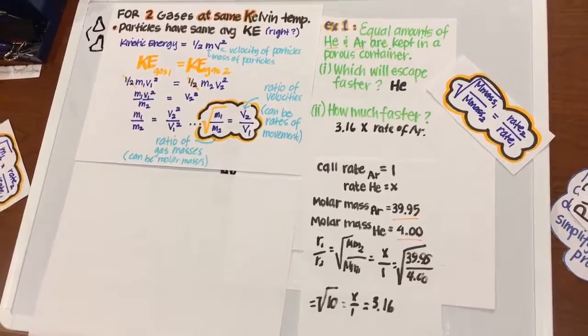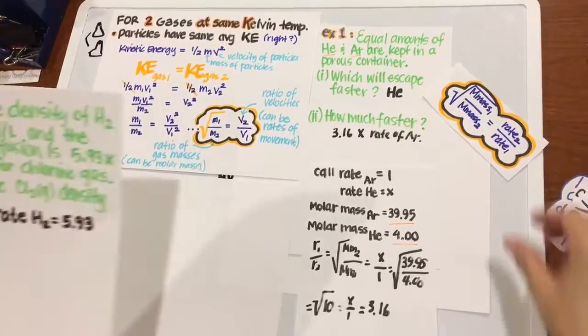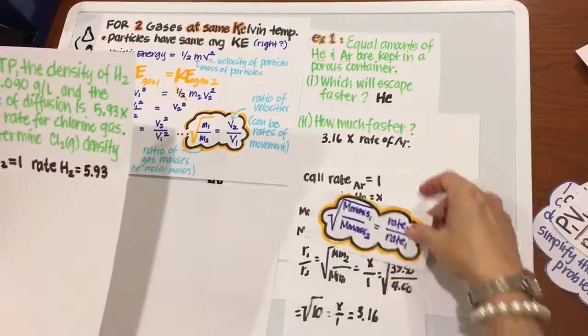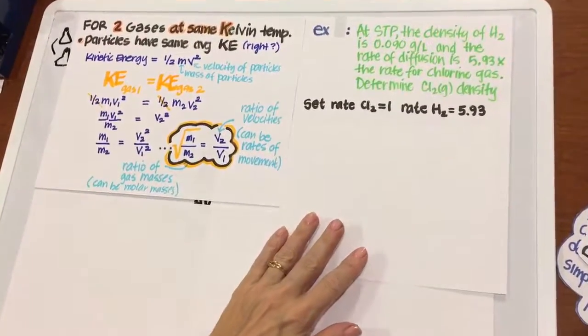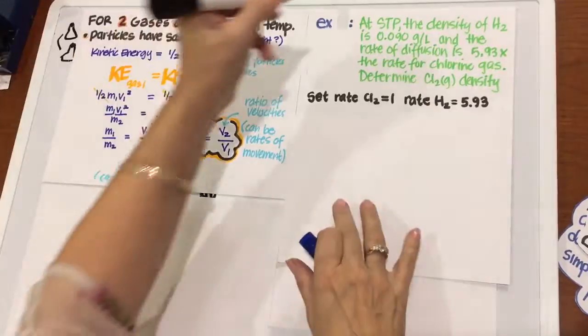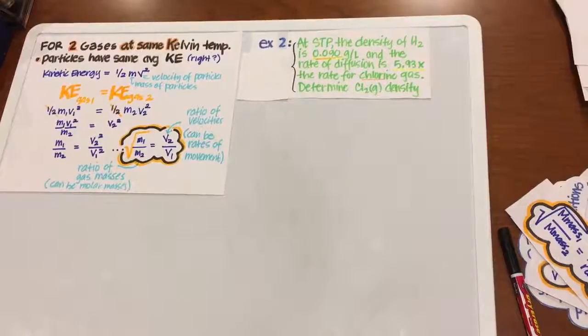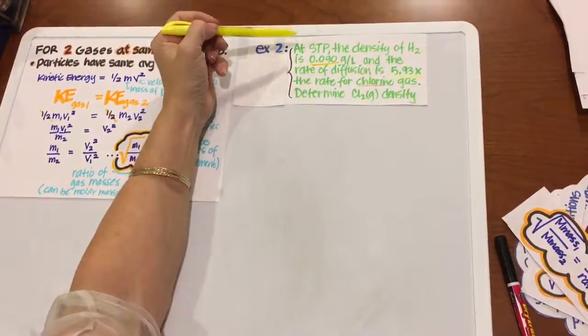Let's try a little more complicated problem, the second example problem, which involves Graham's law of diffusion. Here we're going to do example 2. So let's read this problem.